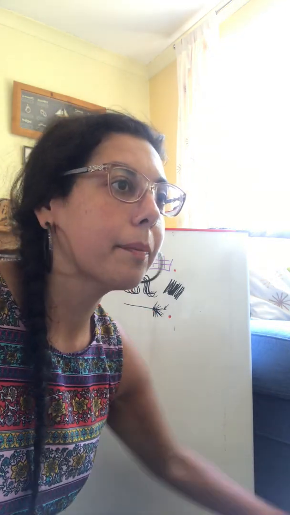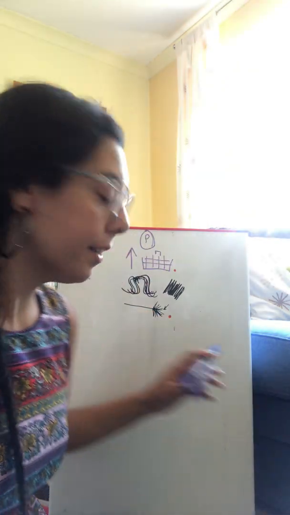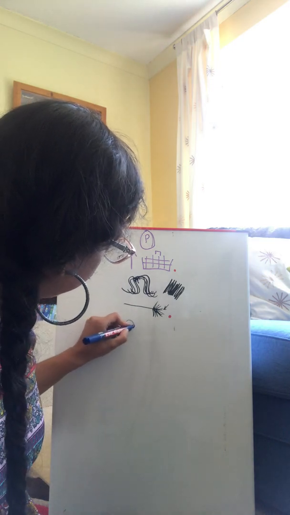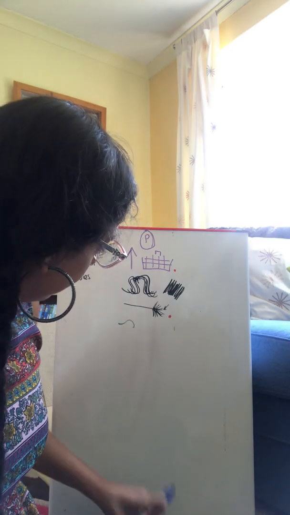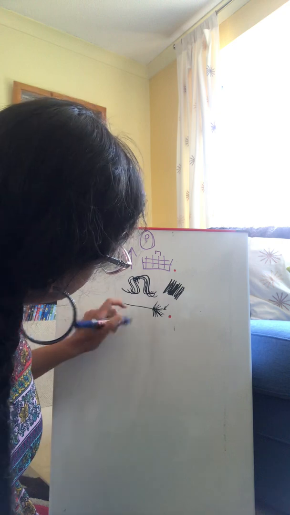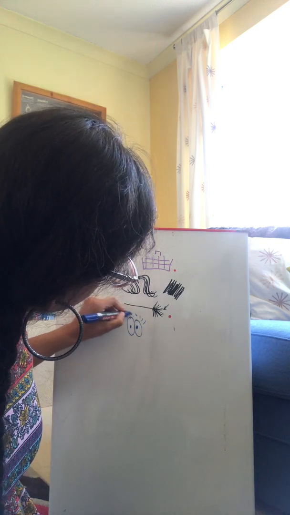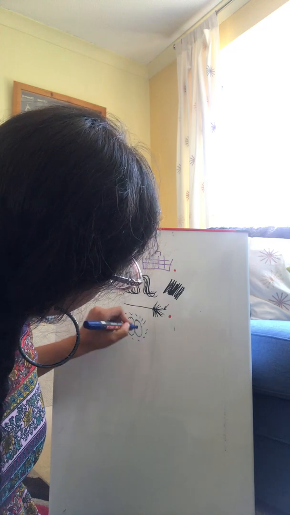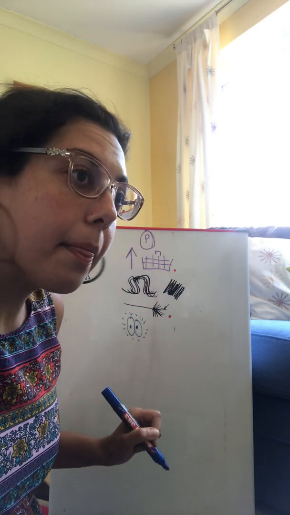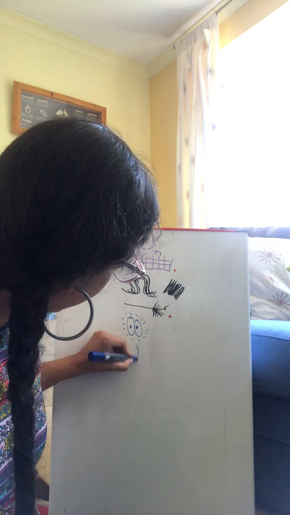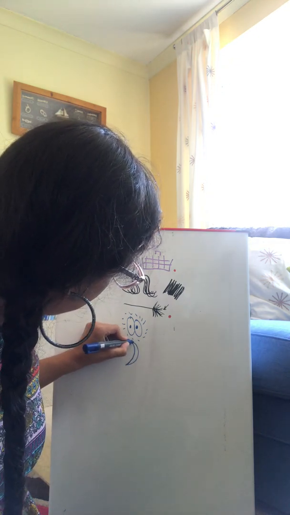And the next chunk. Its eyes glitter. And at the bottom, like moonlight. So there is the moon.